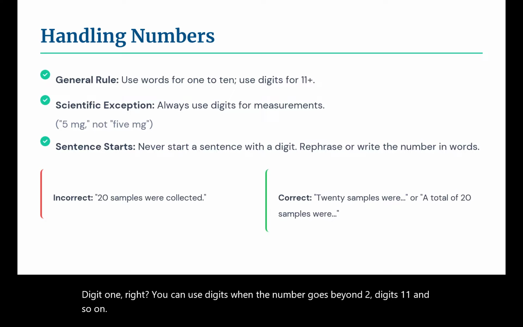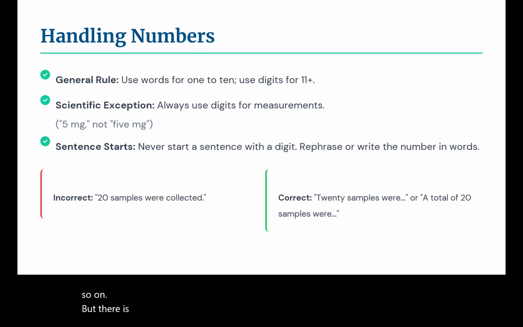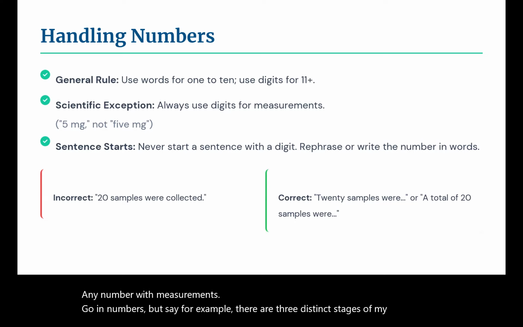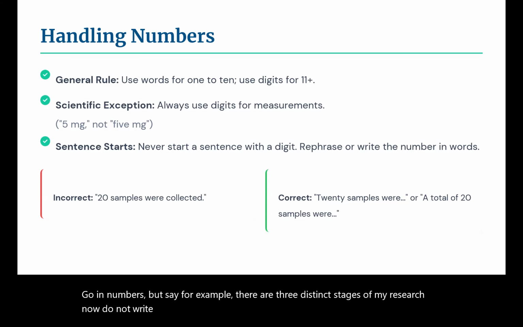But there is a scientific exception. What is it? Always use digits for measurements. If you are using any number with measurements, go in numbers. But say, for example, there are 3 distinct stages of my research. Now, do not write it with the digit 3.